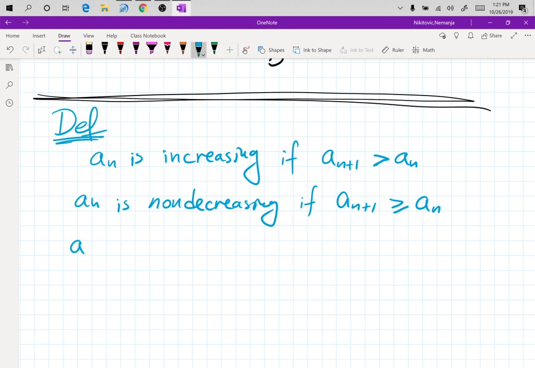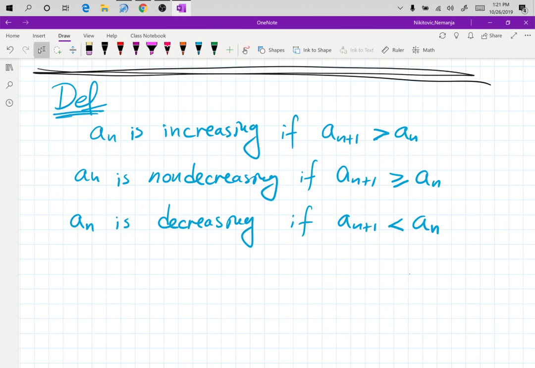Then we have an is decreasing if an plus 1 is strictly smaller than a previous term. So if the terms are getting smaller, it's decreasing.